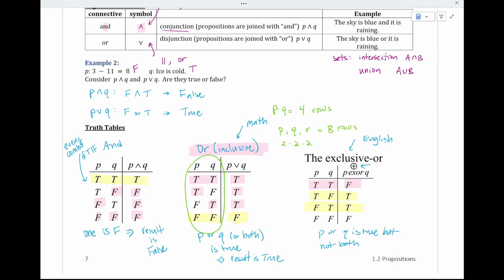If you had P, Q, R, and S, this is going to be 2 to the 4th power, which will be 16 rows. So as you get more and more statements, your truth tables are going to become bigger and bigger. So we're not going to do truth tables beyond 8 rows. That's already a lot of rows. And we're going to look at some other rules next time about how to deal with multiple statements.